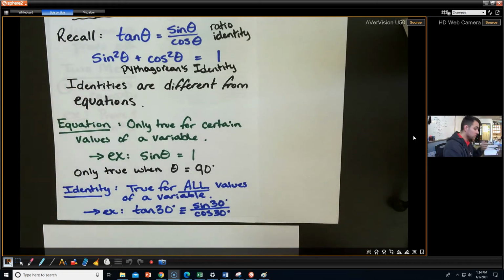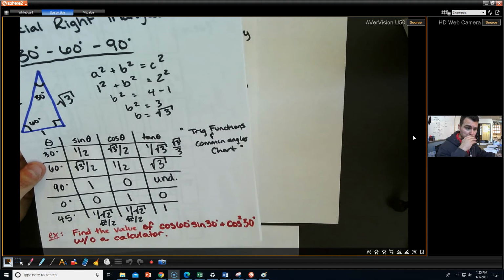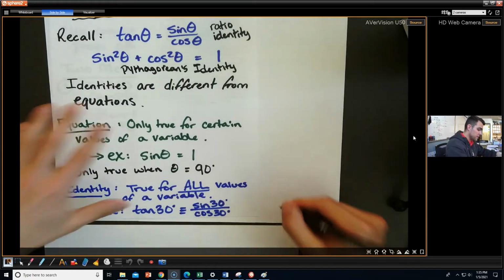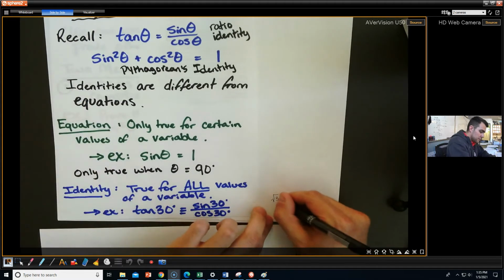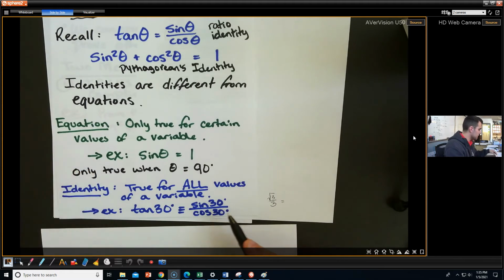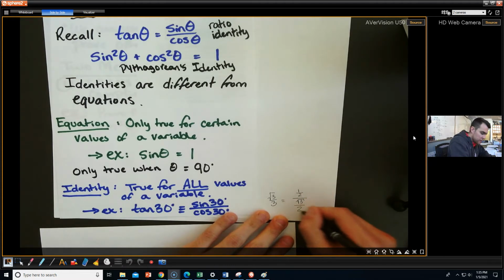So tangent of 30 degrees, if we bring out our chart, if you have those handy, it might be nice to use our little chart. And maybe you're starting to get these angles a little bit more, which is sweet. Tangent of 30 is square root of 3 over 3. So sine of 30 is going to end up being 1/2, over cosine of 30, which is square root of 3 over 2.